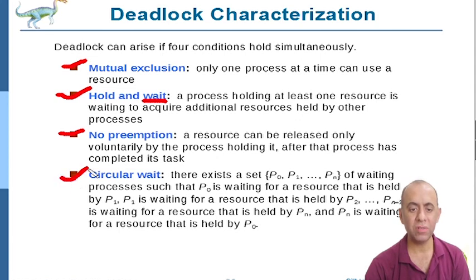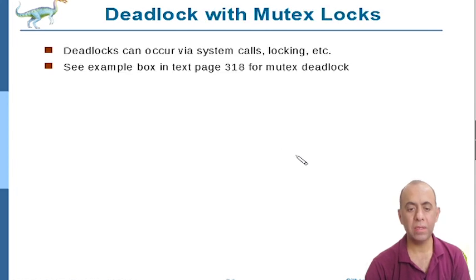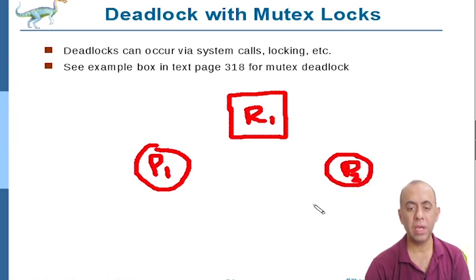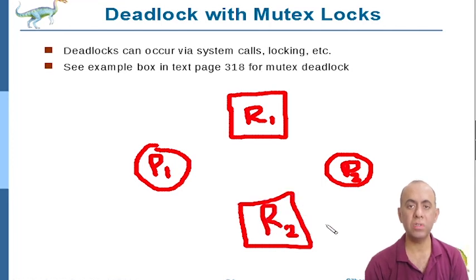The fourth condition for deadlock is circular wait, and let me explain this with an example. We have process 1, a resource called resource 1, a process called process 2, and another resource called R2. These are all the processes and resources which exist in the system.